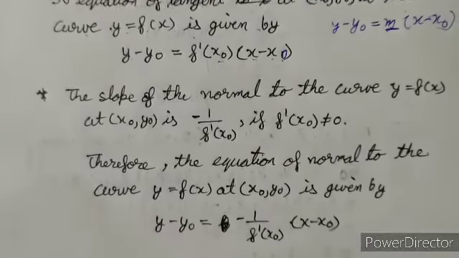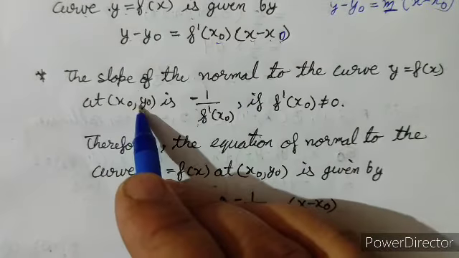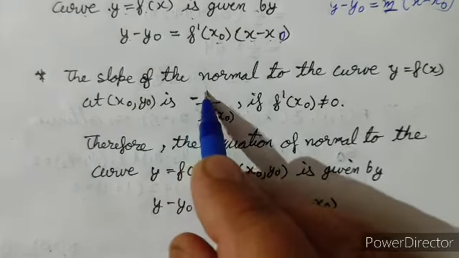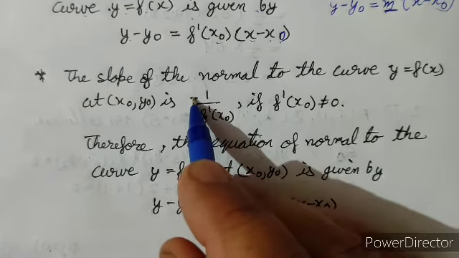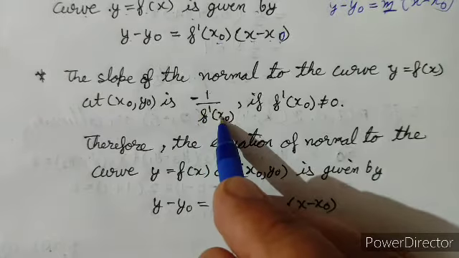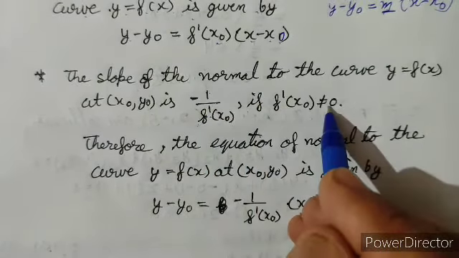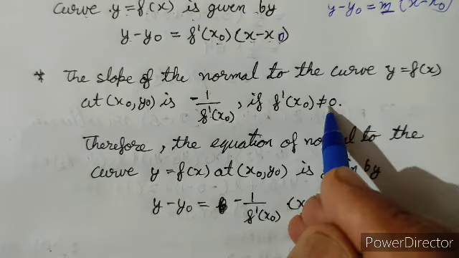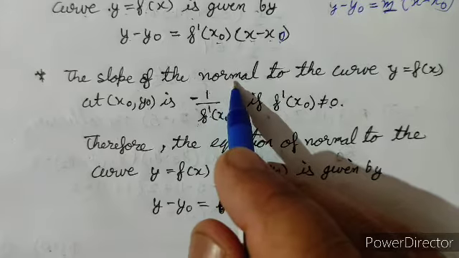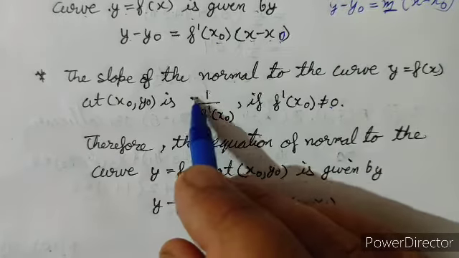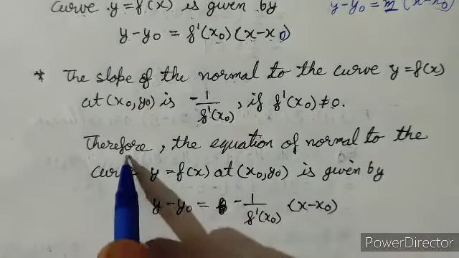Now the slope of the normal to the curve y = f(x) at (x0, y0) is -1 upon the slope of the tangent at that point, or you can say -1/f'(x0), if f'(x0) is not equal to 0. As we know, the normal is perpendicular to the tangent, so its slope will be -1 upon the slope of the tangent.